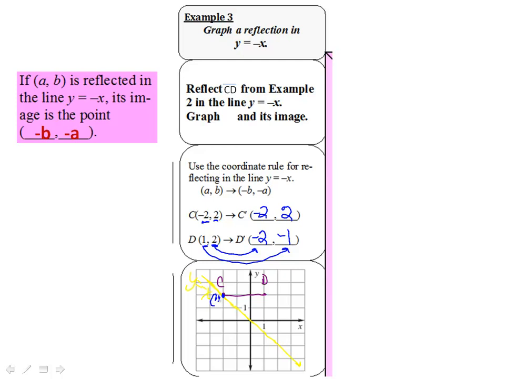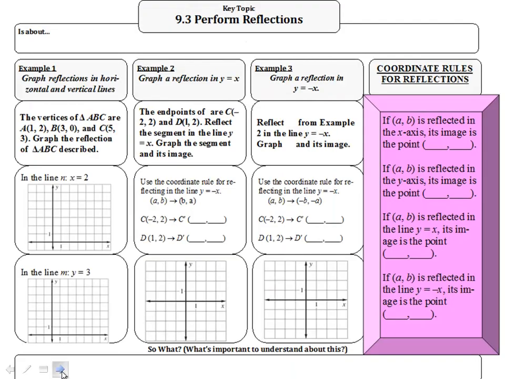So there's C prime. And D prime is negative 2, negative 1. So here's D prime. So here's my reflection over the line y equals the opposite of x. And that looks right. So the purplish color is my pre-image, and the blue is my image after the reflection over the line y equals the opposite of x.